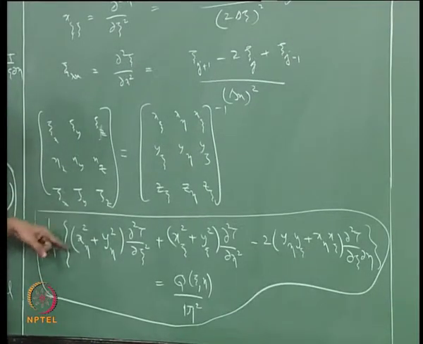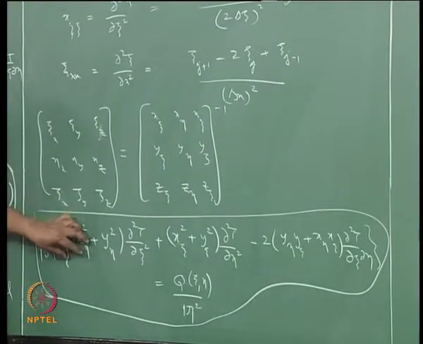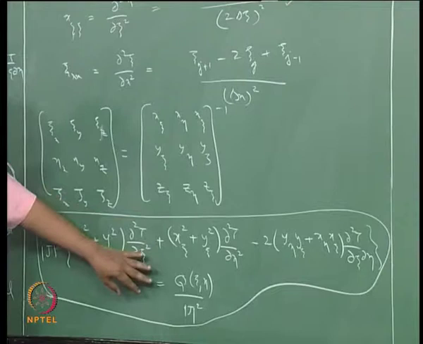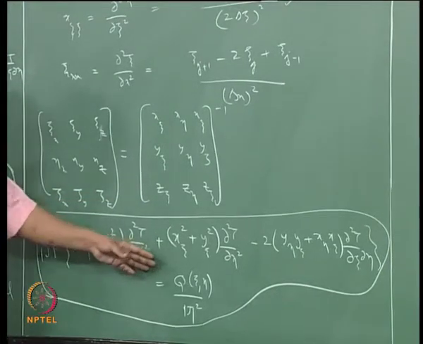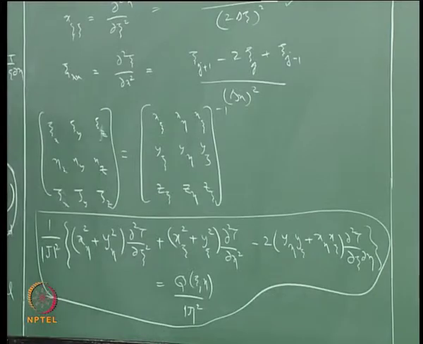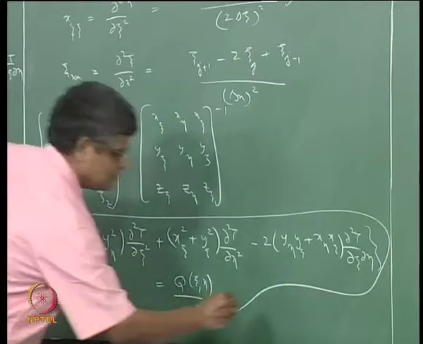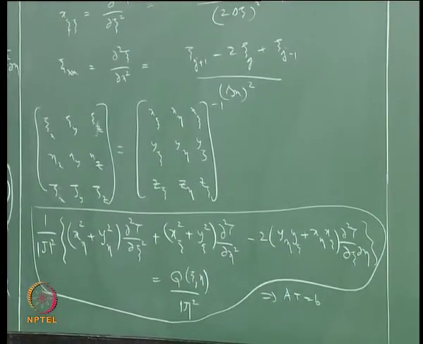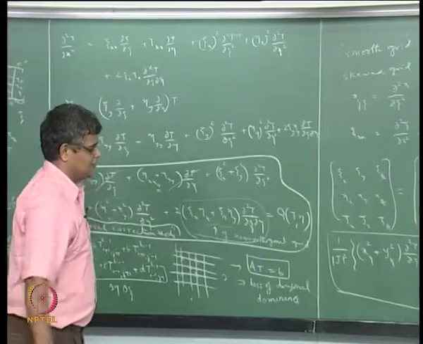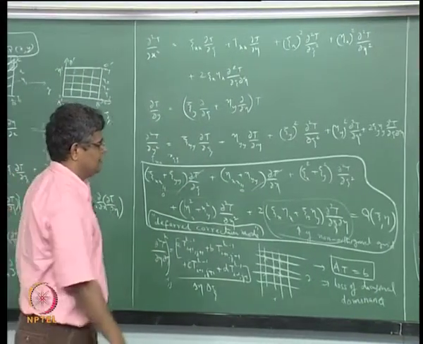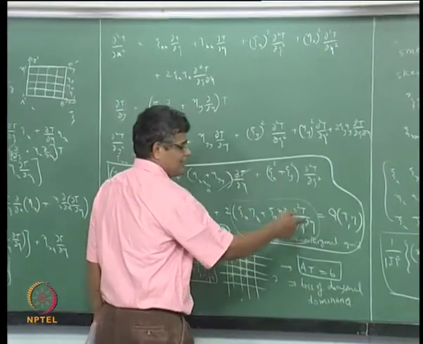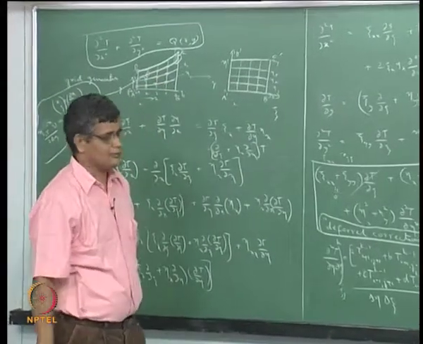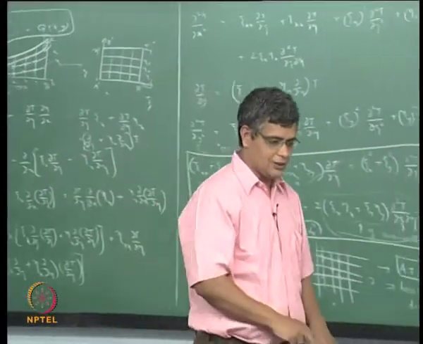These coefficients will be constants, and we have a second order equation with constant coefficients, which we can then discretize as per the usual second order or fourth order accuracy as we wish. Then we can convert this into an equation like AT equal to B, which can be solved for T at psi and eta, and using those values we can come back to T at this point.